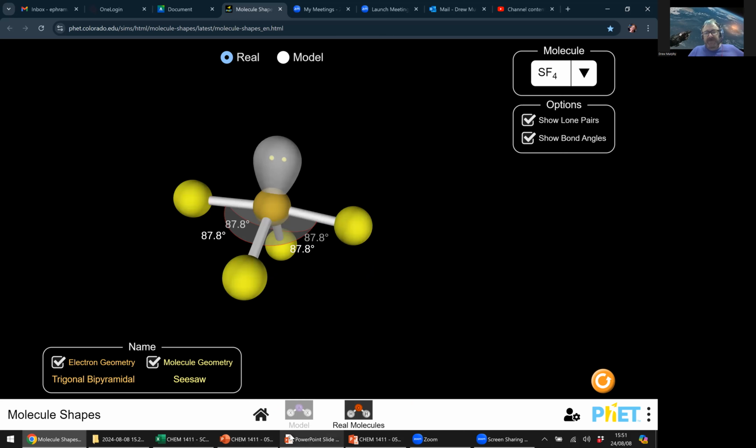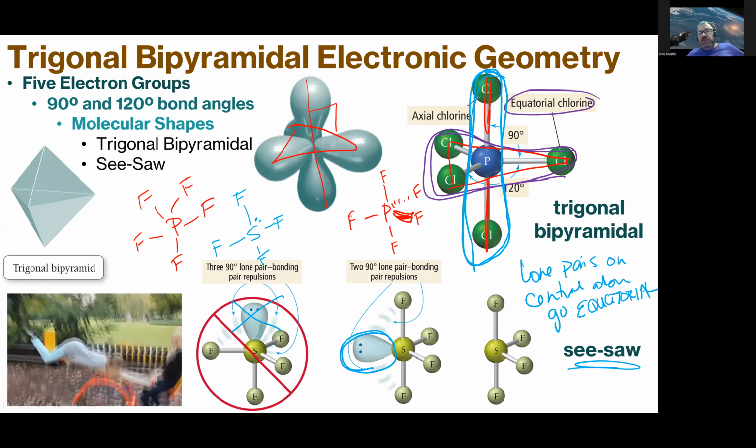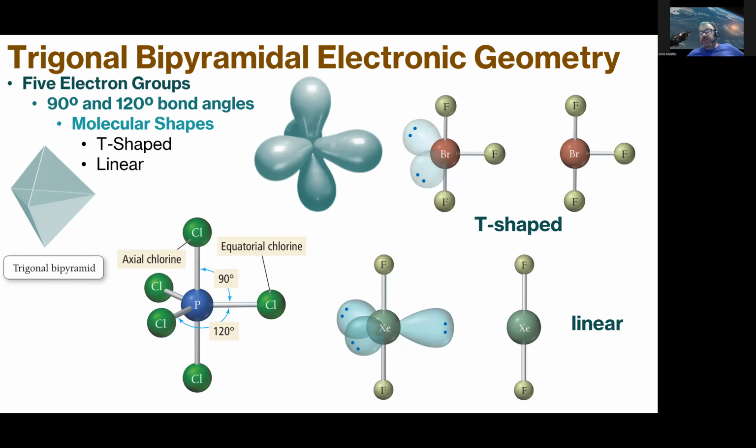All right. Now, 5 has a lot of options. So we can get trigonal bipyramidal with no lone pairs. We have seesaw with 1 lone pair. You can also have 2 lone pairs, in which case you're going to occupy 2 of those equatorial positions. So you're going to get rid of this one and you're going to get rid of that one.